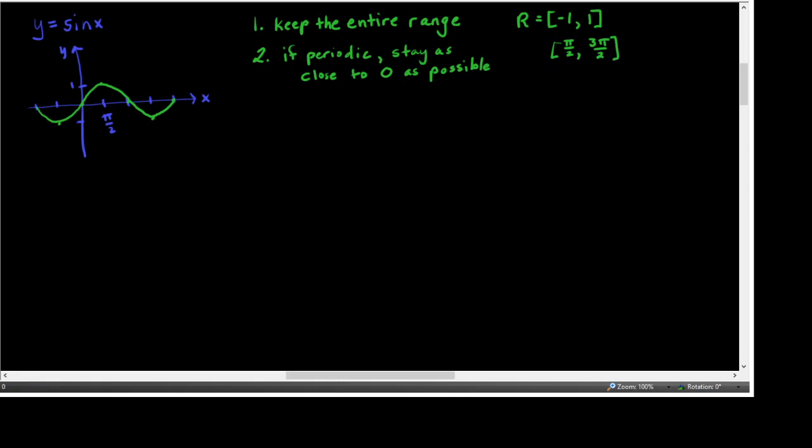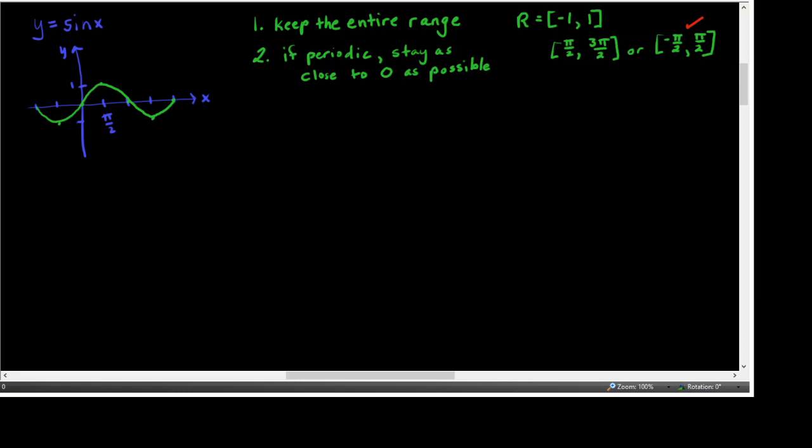But is there another interval that's even closer to 0? Well, how about -pi over 2 to pi over 2? Can't get any closer to 0 than having 0 as part of your interval. And in fact, that's the one that we're going to keep right there. That's the closest to 0 we can get.